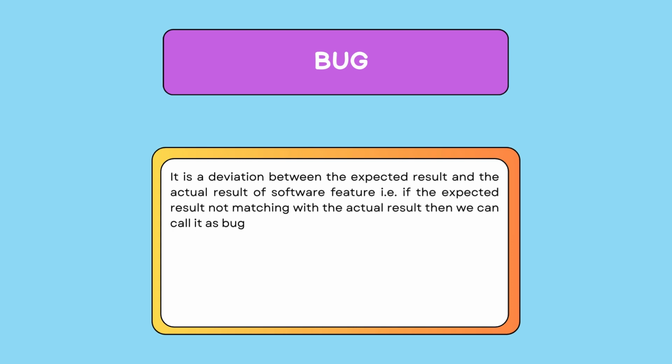Suppose in the text field, I'm not able to enter any type of text. Or suppose the send button is not working or it's not clickable, then you may call it a bug because we found a deviation between expected result and actual result. Okay. So that's the bug. Now I hope you understand the difference between bug and defect.